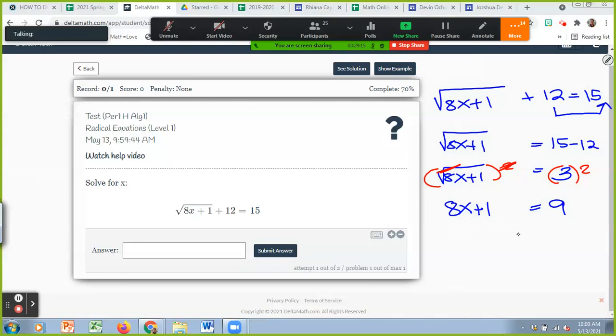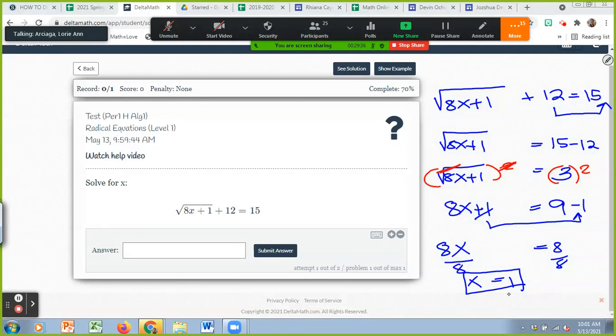And from here, it's just like the very first chapter we did last semester. You're going to bring the 1 over, so take away 1. So 8x is equal to 8. After that, when you divide both sides by 8, you get x is equal to 1. Very good, Chris. We got the same answer.